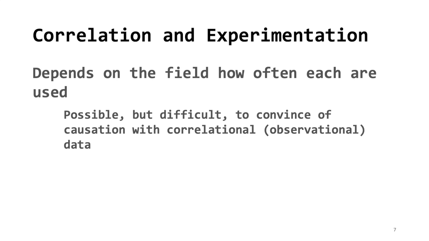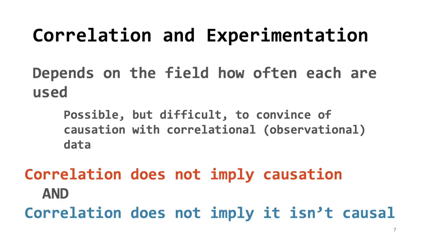So it's possible but difficult to convince causation with correlational or observational data. It's possible, but it's very difficult. You may have heard the saying, correlation does not imply causation. So if there's a relationship, that doesn't necessarily mean that one causes the other or vice versa. However, people often ignore that correlation does not imply it isn't causal.